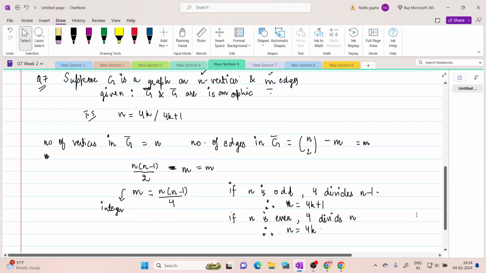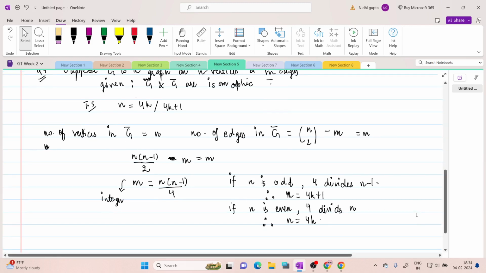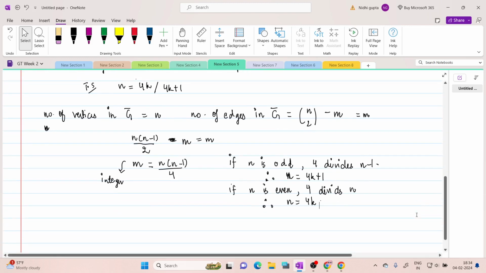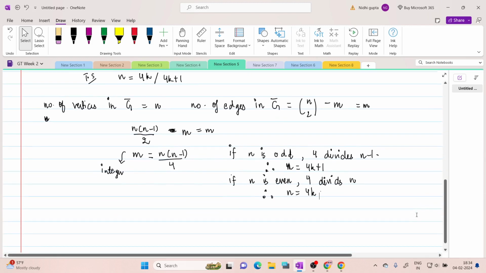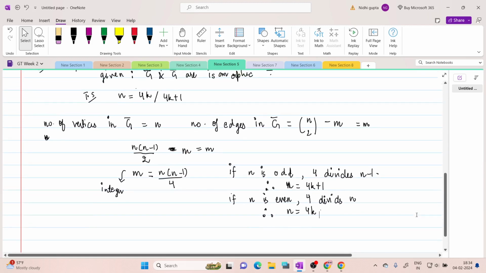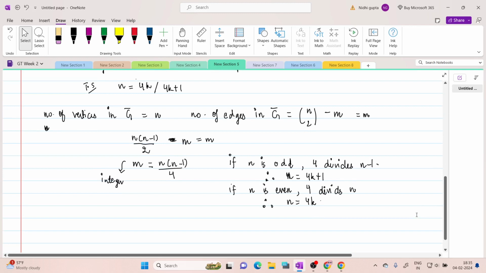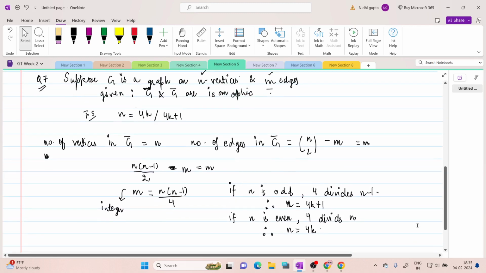However, if we have been given two graphs, say G and G prime, and if the number of edges in both the graphs is either a multiple of 4 or a multiple of 4 plus 1, is it necessary that both the graphs are going to be isomorphic? So you are right.